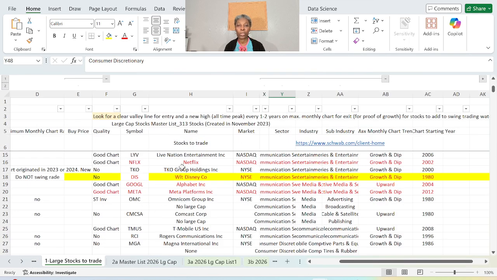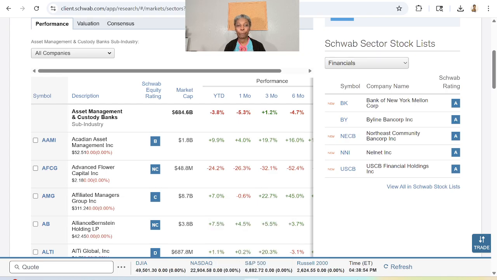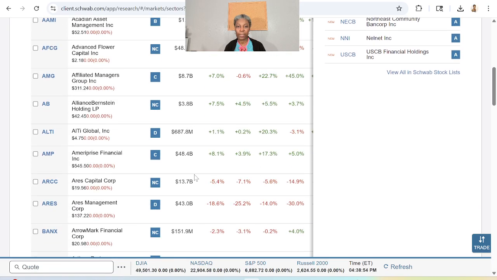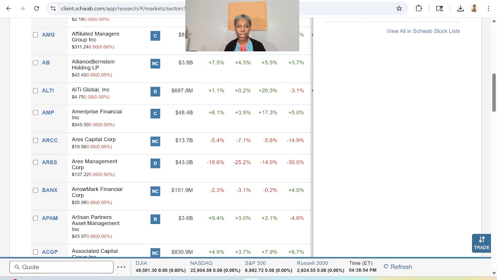And that is how, in 2024 or end of 2023, I created this list, by going through them one by one and pulling anything that is like this one, for instance, AMP.